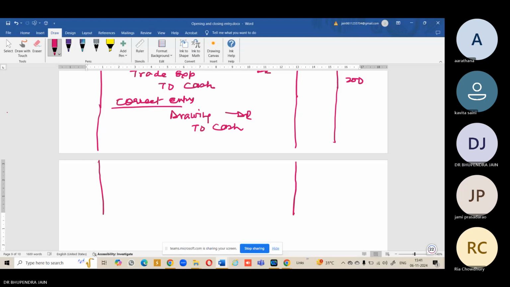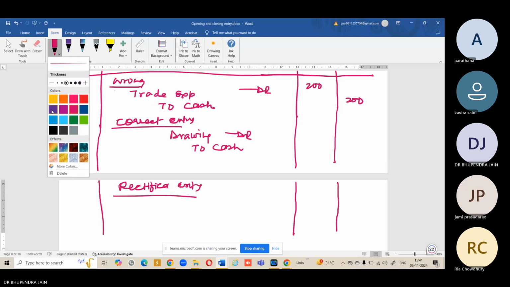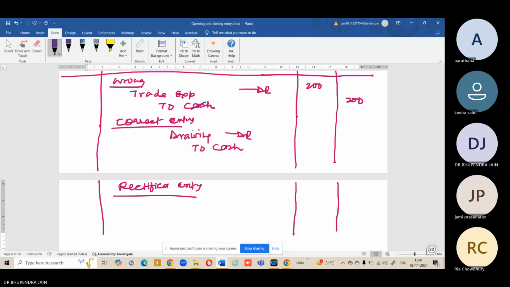Then we have to pass the rectified entry. How to pass the rectified entry? Correct cash to cash, because cash is given on the same side.